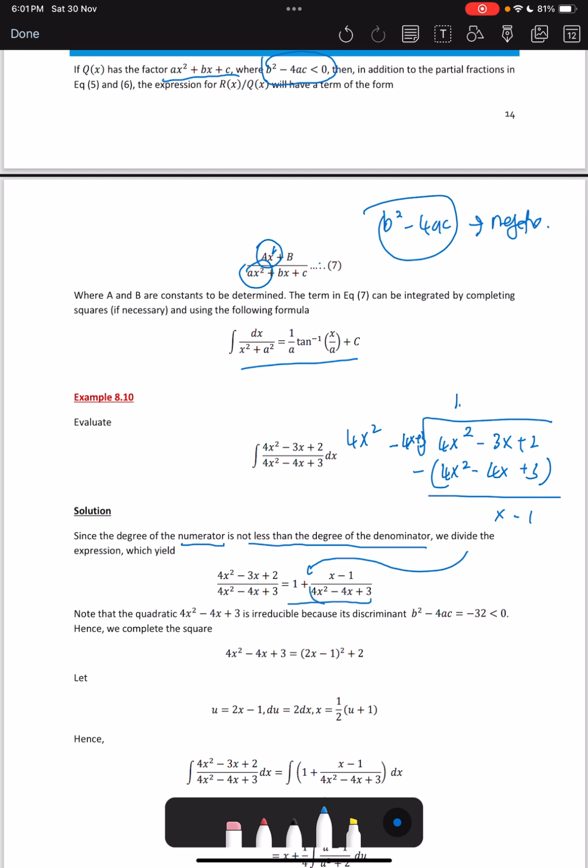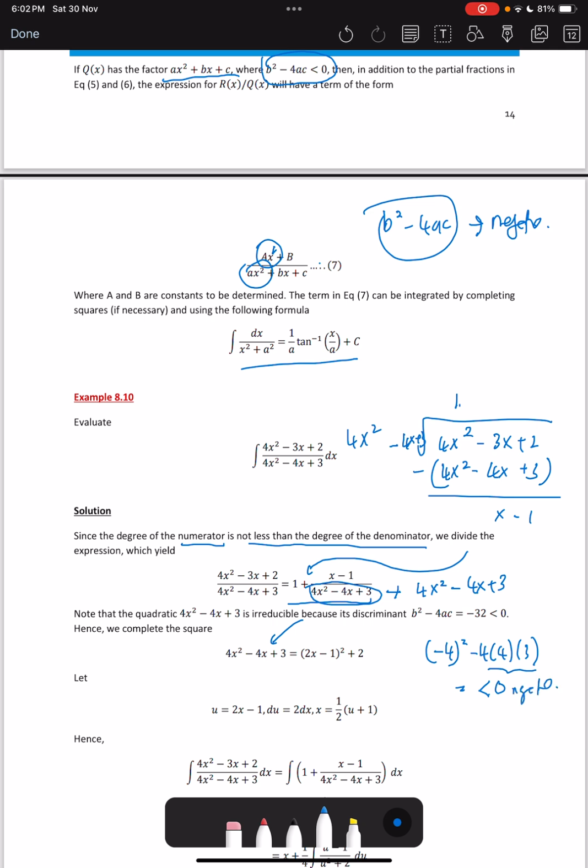now let's solve for this polynomial. If you look at this polynomial, which is 4x squared minus 4x plus 3, you take b squared, which is negative 4 to the power of 2, minus 4 times 4 multiplied by c, which is 3. So you will get 16 minus something bigger than 16, so you will get a negative value.